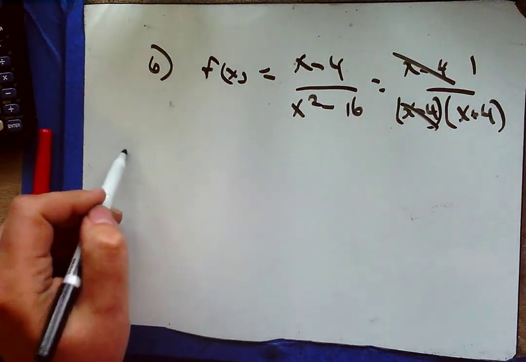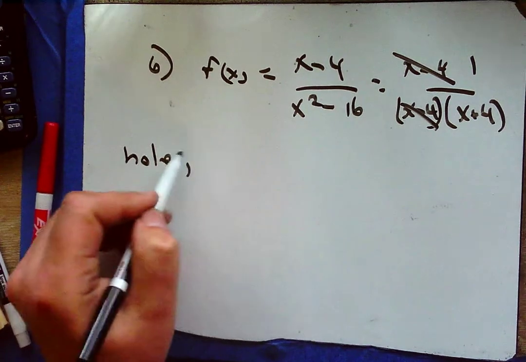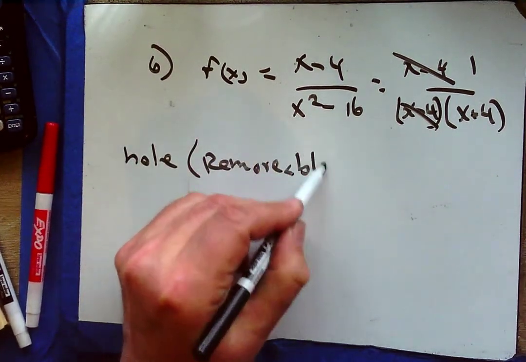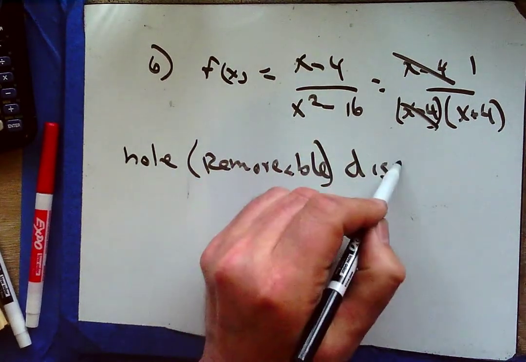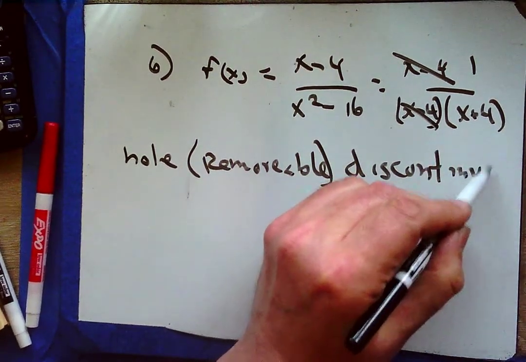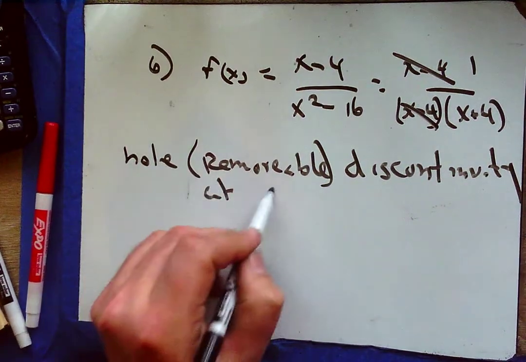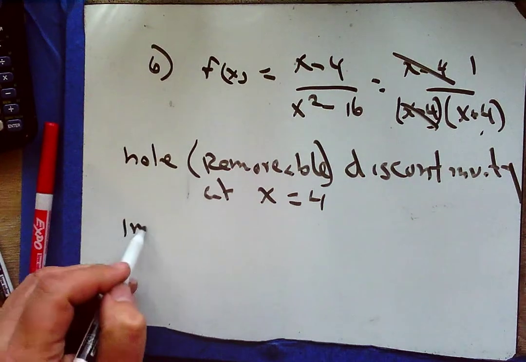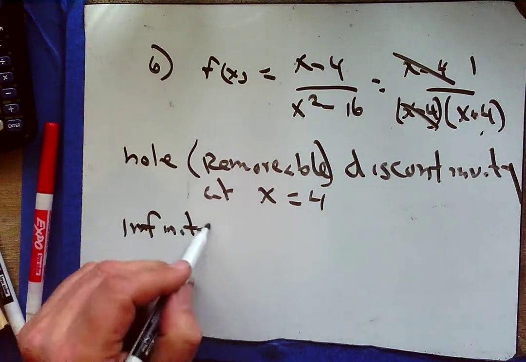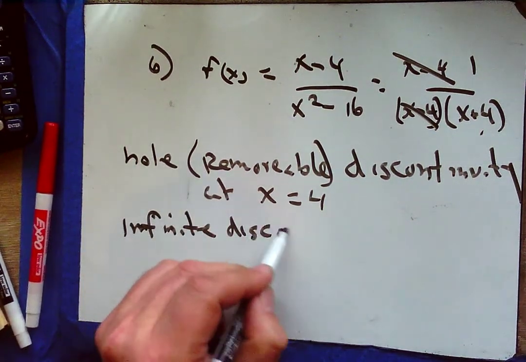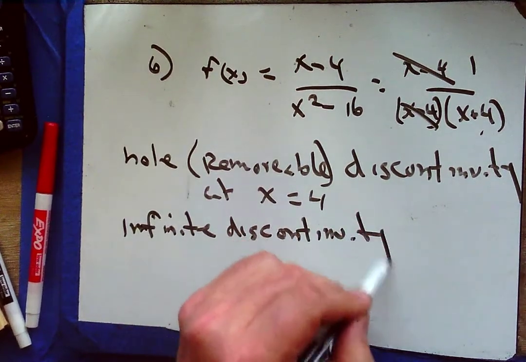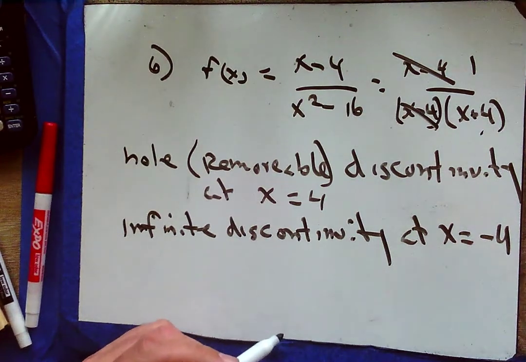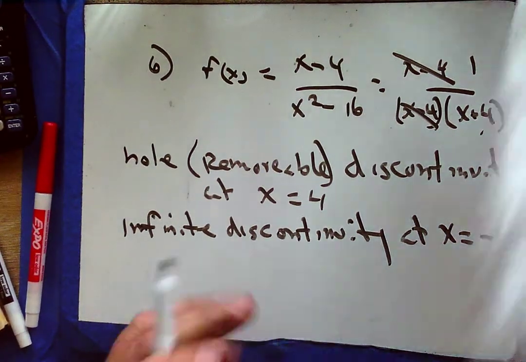I see a hole, which is a removable discontinuity at x equals 4, and another vertical asymptote. I see an infinite discontinuity at x equals negative 4. Ta-da! Done with 6.